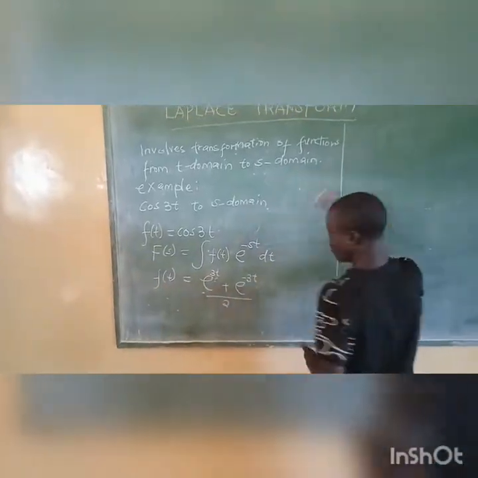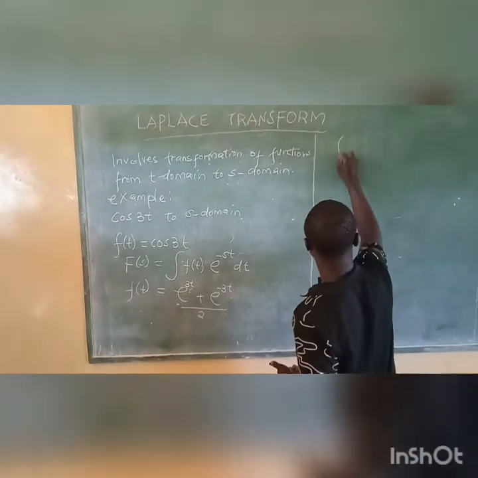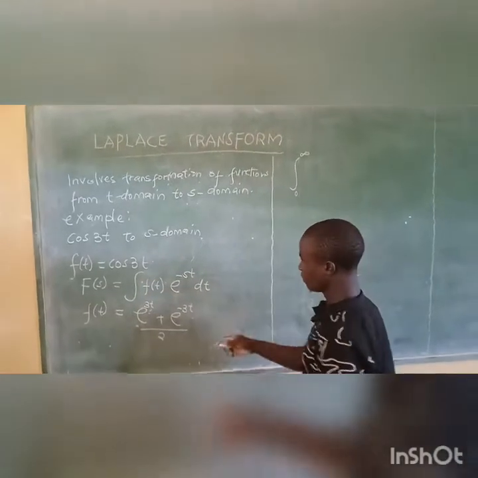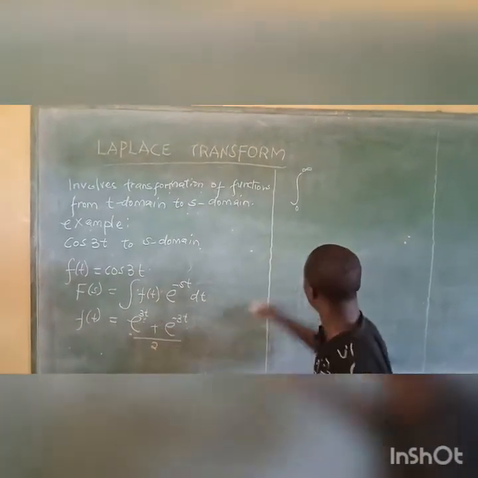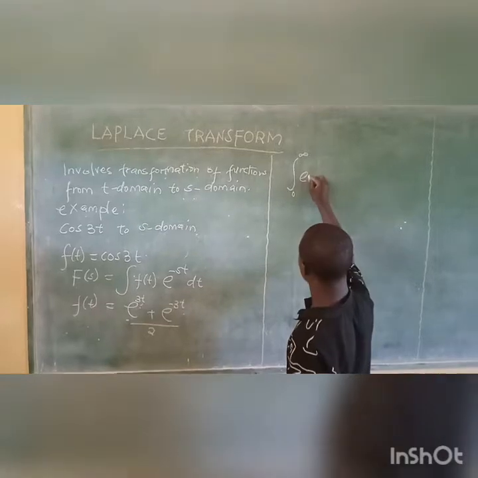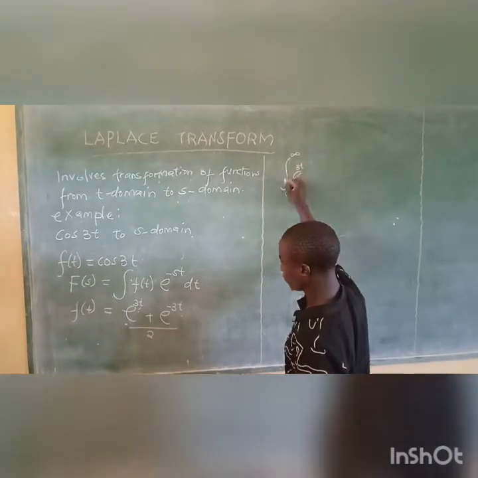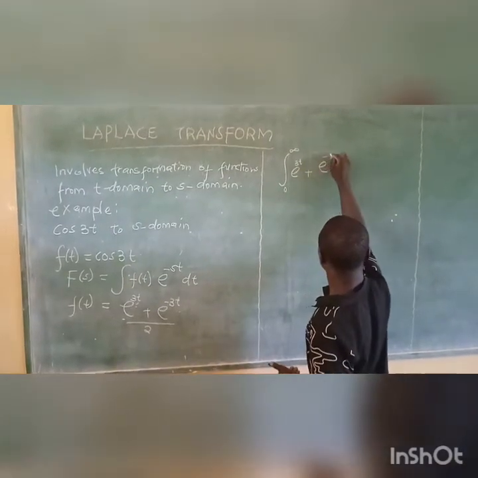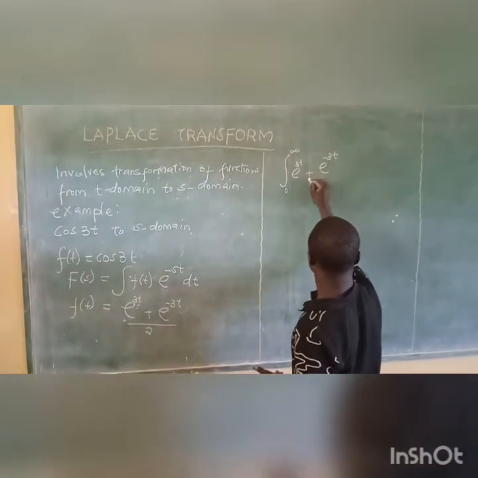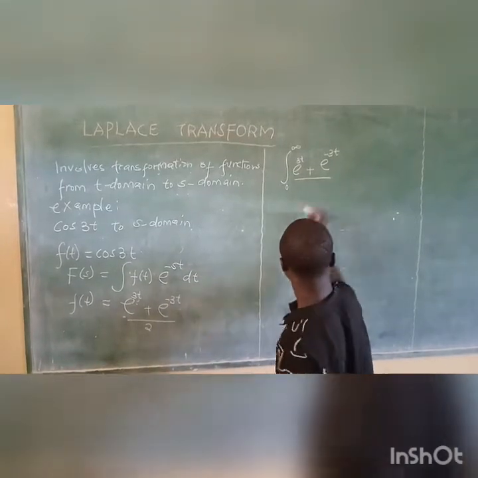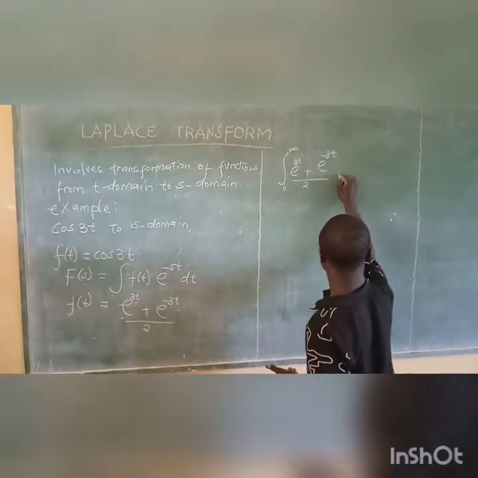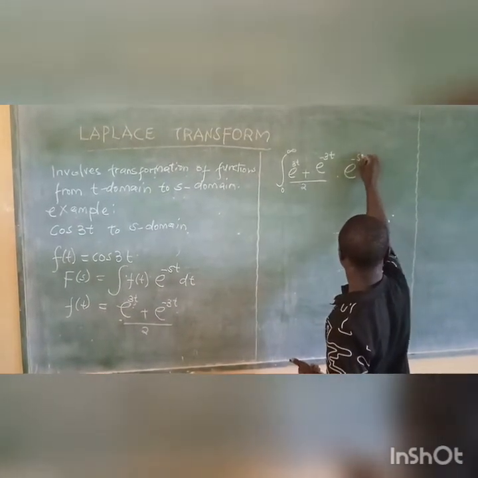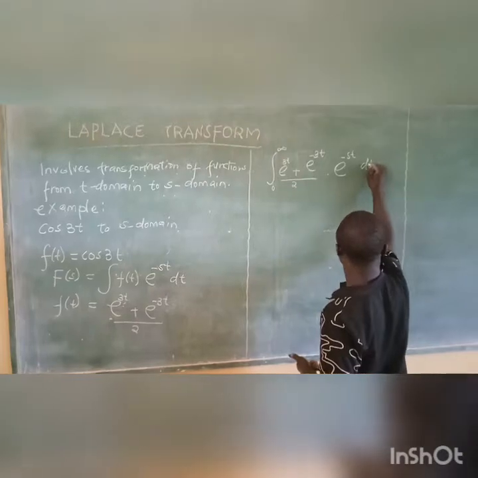Substituting, it will be integrating from 0 to infinity our f of t, which is exponential 3t plus exponential negative 3t over 2, then by exponential negative st with respect to t.